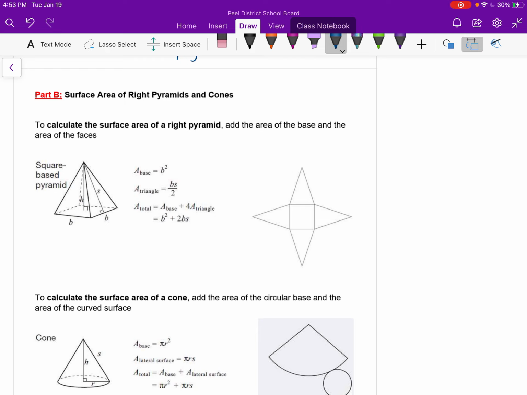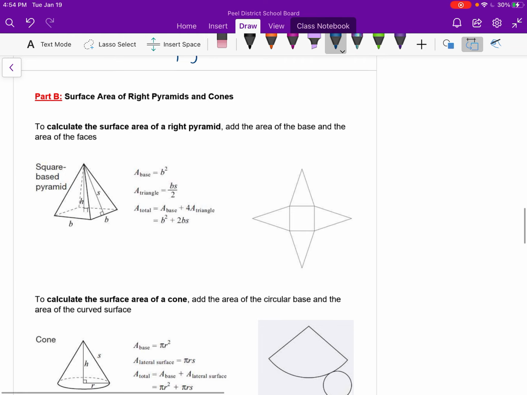So to calculate the surface area of a right pyramid, you have to add the area of the base, and then you have to add the area of all the faces. Same thing we've been doing so far, nothing really different here, right?